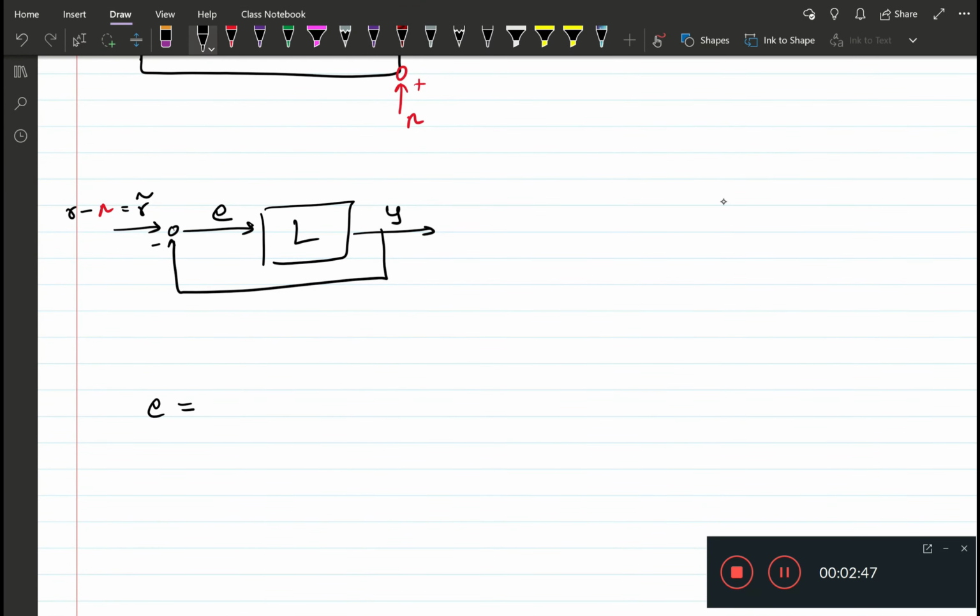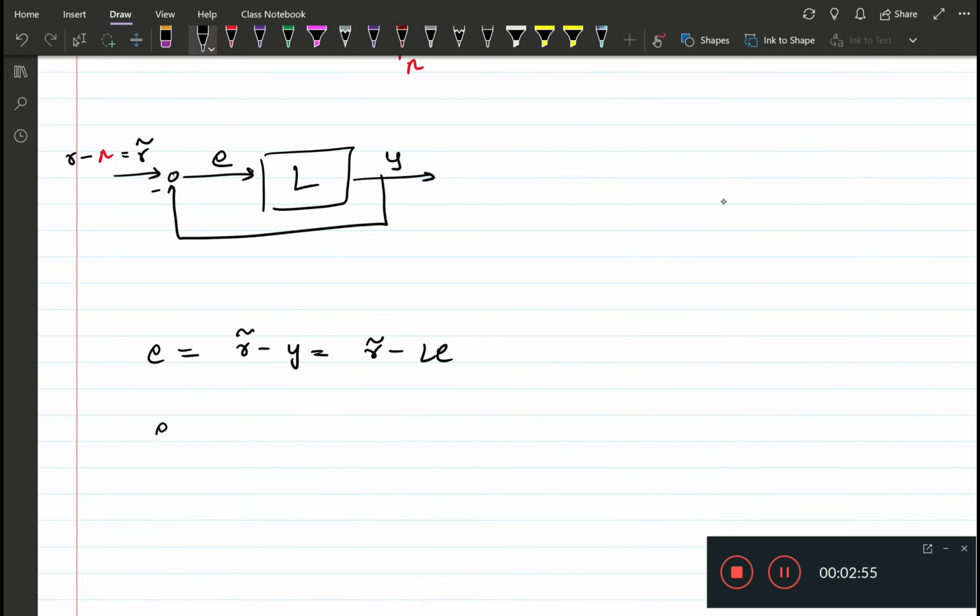So we have E is R tilde minus Y, but Y is LE, so R tilde minus LE. If I bring this to the other side, I have E as 1 over 1 plus L times R tilde.